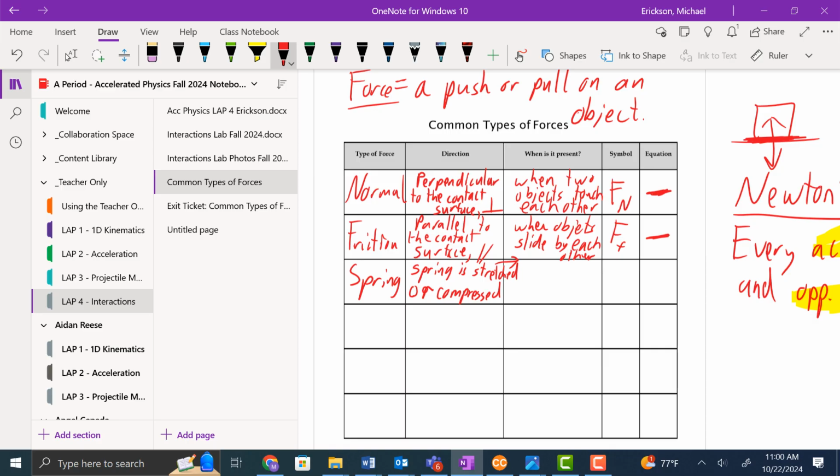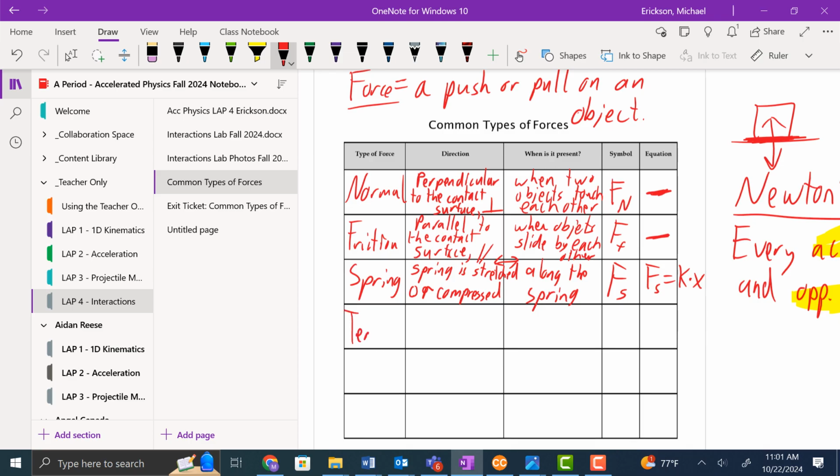The direction of the spring force is along the spring. I'm just going to keep this here so I don't have to erase everything or drag stuff around, but switch these. It's along the spring. It's whenever a spring is stretched or compressed. The symbol is big F, little s. I'll give you this one: Fs is equal to k times x. k is the spring constant, and x is how much it compresses. We'll explain that later.